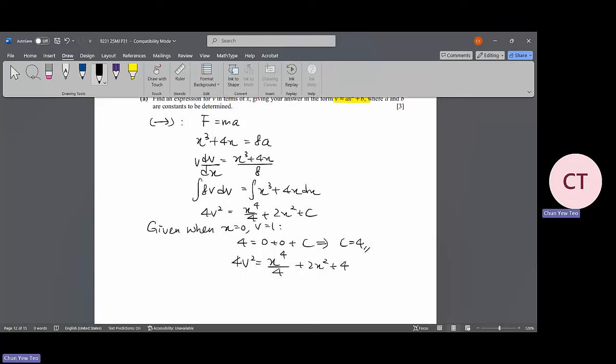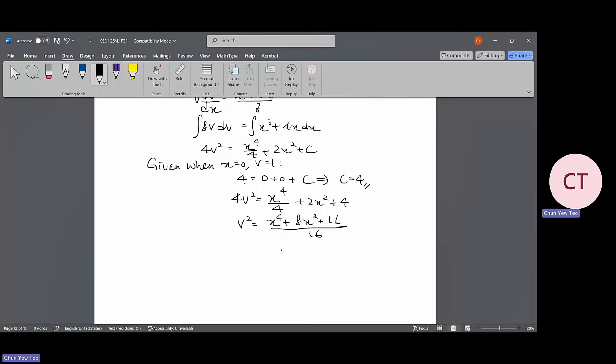Since we want v in terms of x, we divide by 4 and make everything one fraction. This one is over 16, and this one will be 8x squared plus 16. Now we just need to factorize it. You can see that this can be factorized as x squared plus 4, all squared. So v is equal to plus or minus x squared plus 4 over 4.